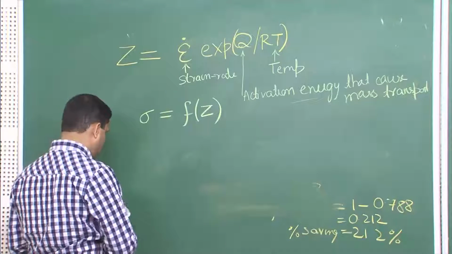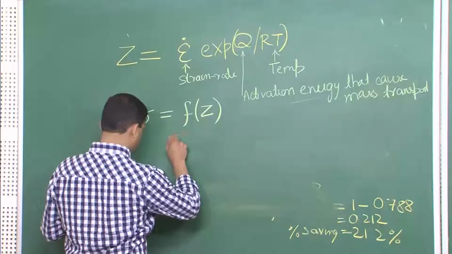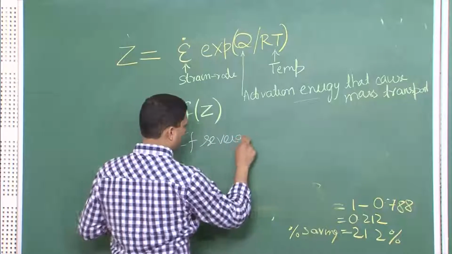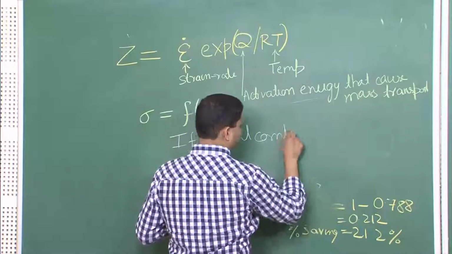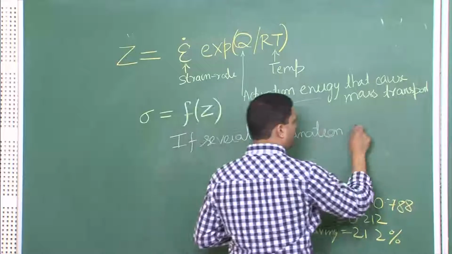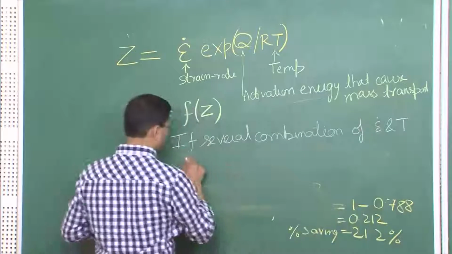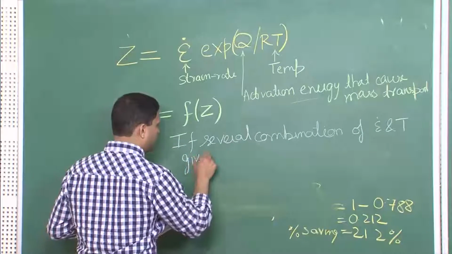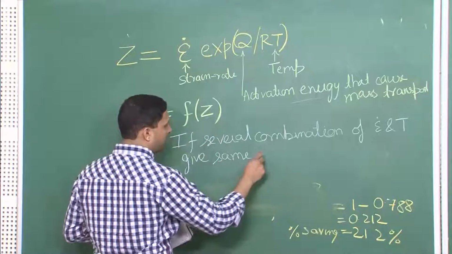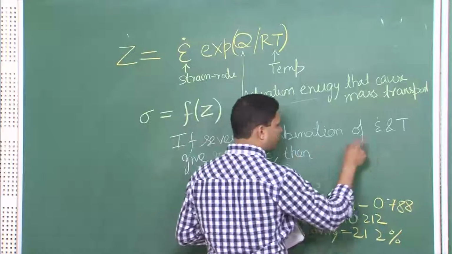So, let me write it down in words. If several combinations of strain rate and temperature give the same Z, which is the Zener Holloman parameter, then you have the same flow stress for those combinations.